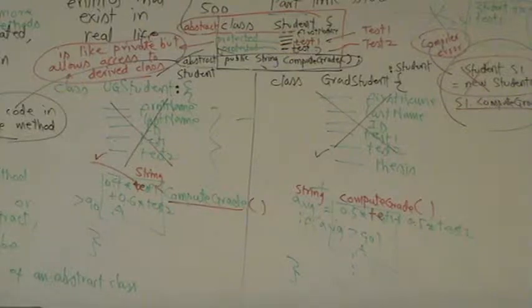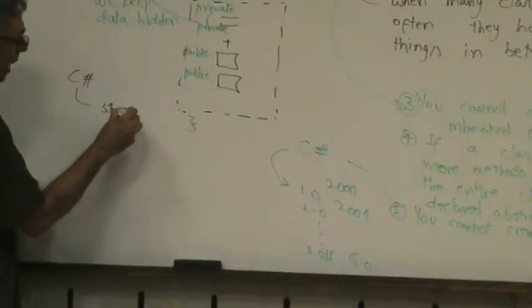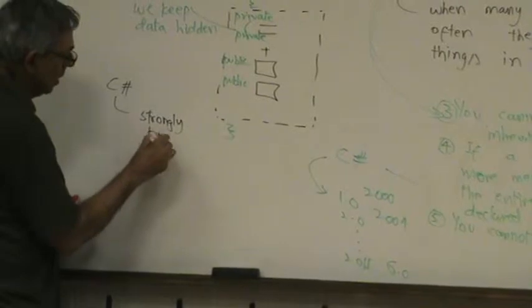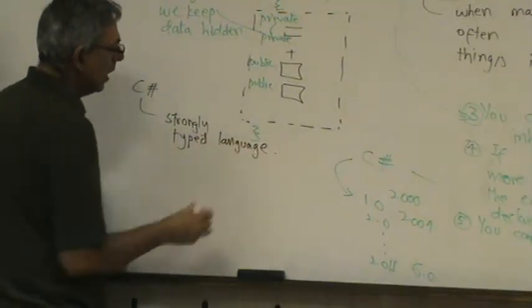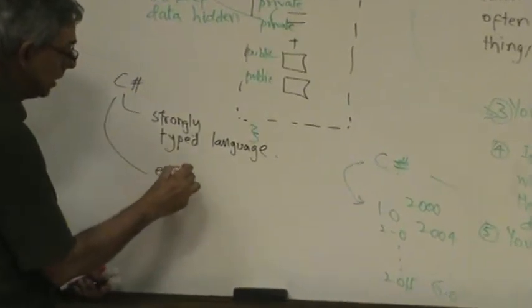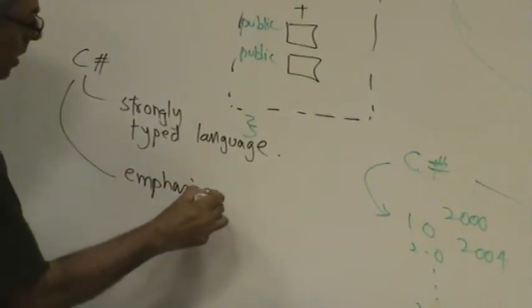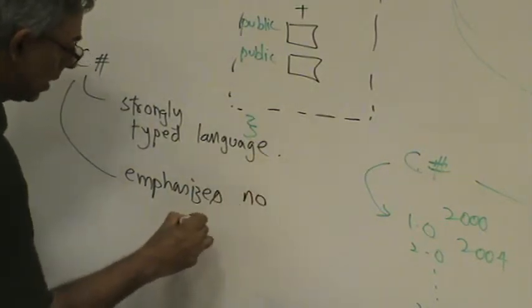Now, C#, very similar to Java, is what we call a strongly typed language. And the idea is that C# emphasizes no ambiguity.